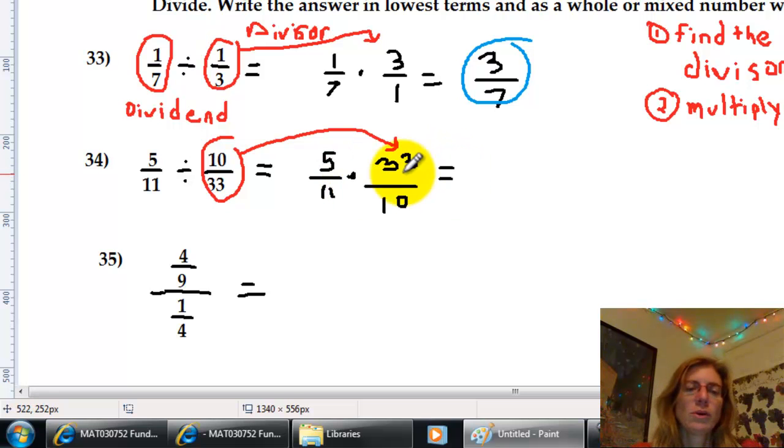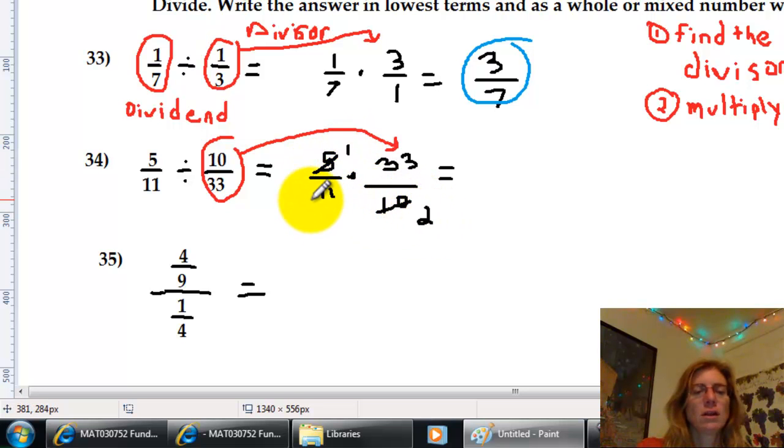And in this case, we're going to want to cross cancel. So 5 into 5 is 1, 5 into 10 is 2, 11 into 11 is 1, 11 into 33 is 3, which gives us 3 halves.